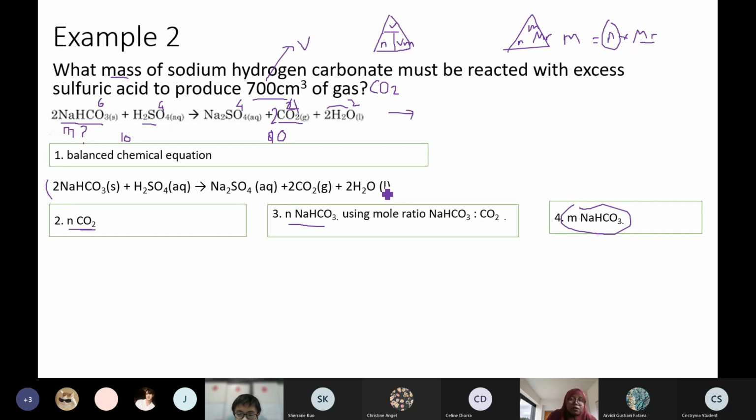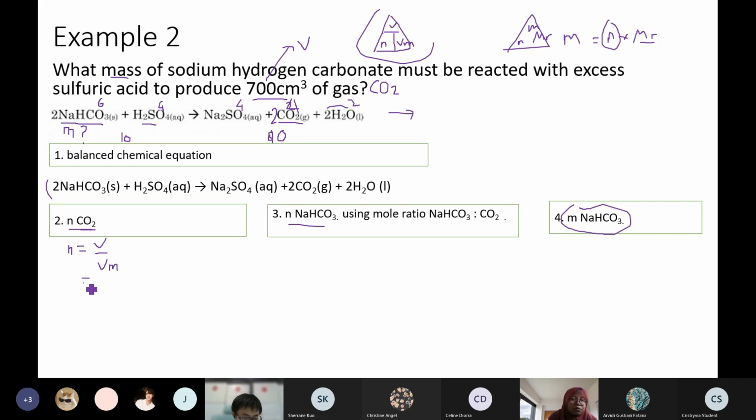How to find the number of moles of carbon dioxide? We can use this equation involving volume and molar volume. Mole equals volume over molar volume.